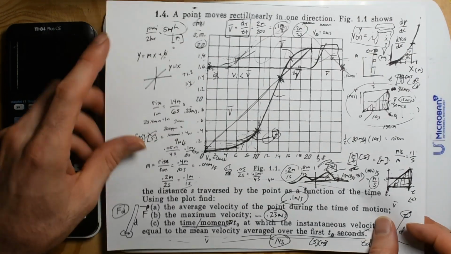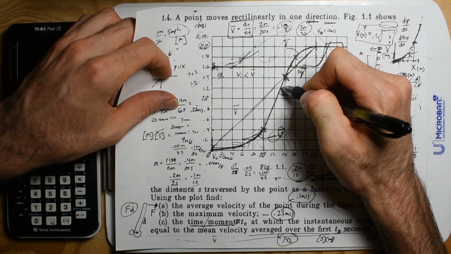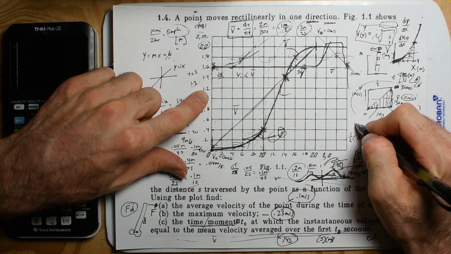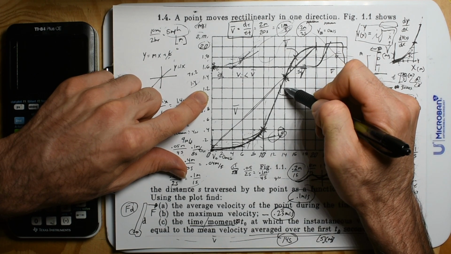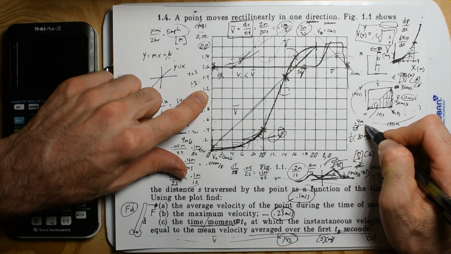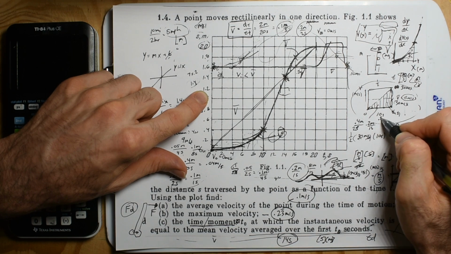If we go back to the problem, let's figure out this instantaneous velocity. It looks like we're going up 0.4 meters in 2 seconds. So we're going 0.2 meters in 1 second, which is about 8 inches per second.